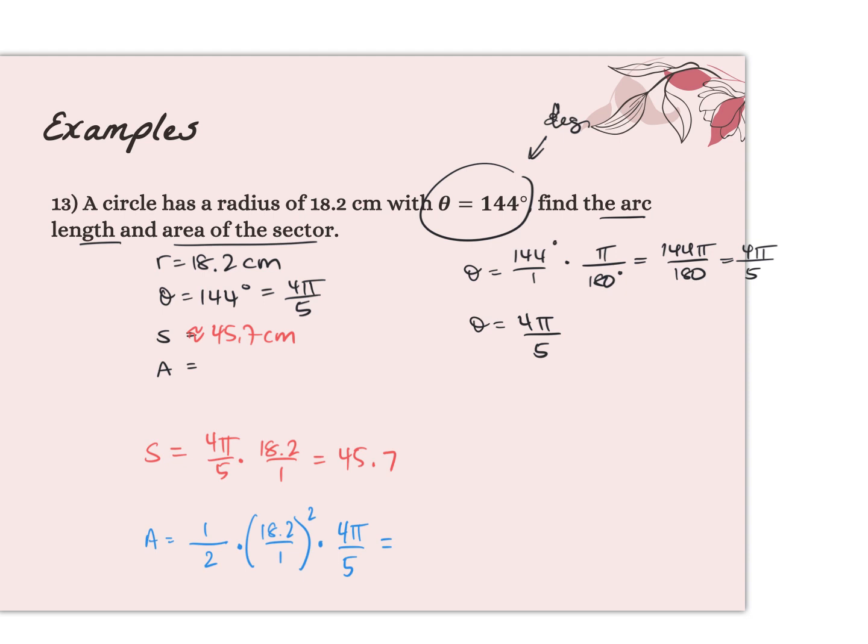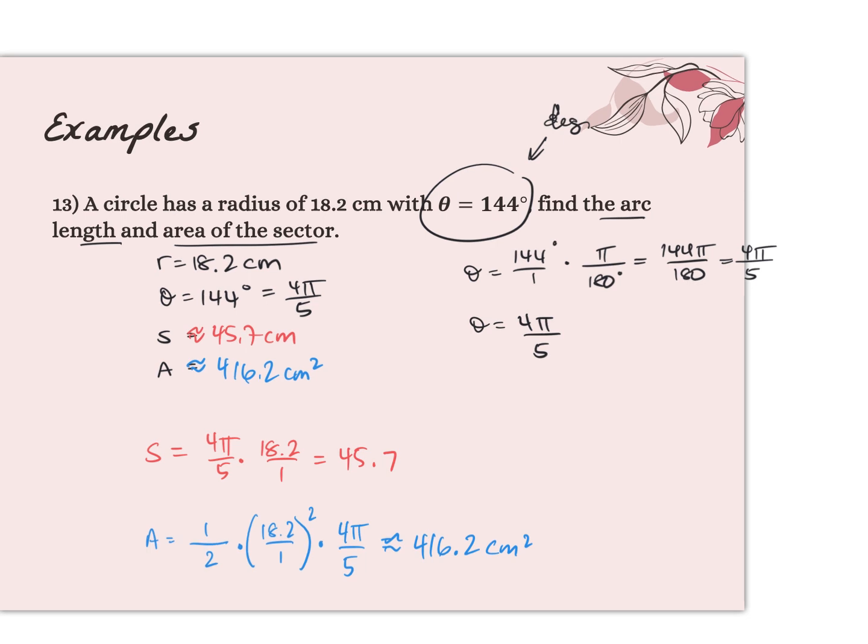So again, I'm going to do 18.2 squared first times 4 times pi equals something like 4,000 something, and I'm going to divide that by 10, which is the denominator. And I'm going to get approximately 416.2 centimeters squared. It doesn't tell me what to round to, guys, so I try to use what they rounded to. Since they rounded to tenths, that's what I'm rounding to.